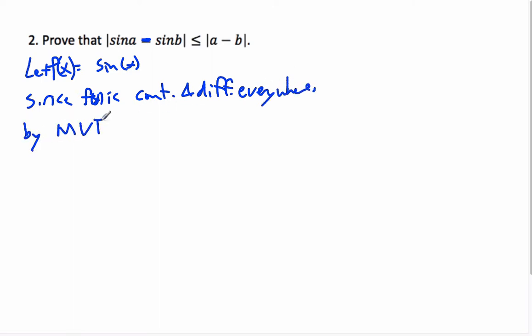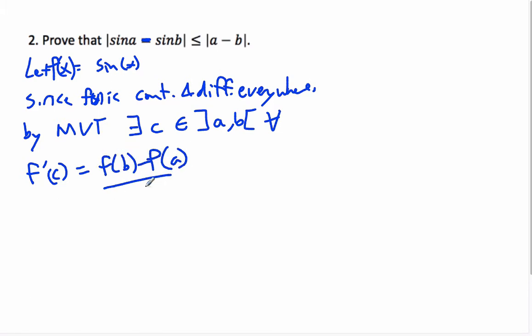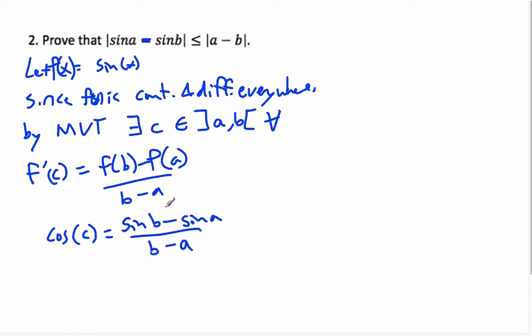since f of x is continuous and differentiable everywhere. By MVT, the mean value theorem, there exists c in (a, b) such that f'(c) equals f of b minus f of a over b minus a. Okay, so the derivative is actually cosine, so I'm going to say cosine c equals sine b minus sine a over b minus a.